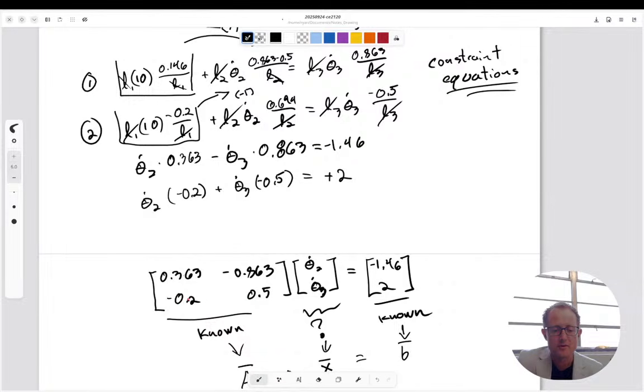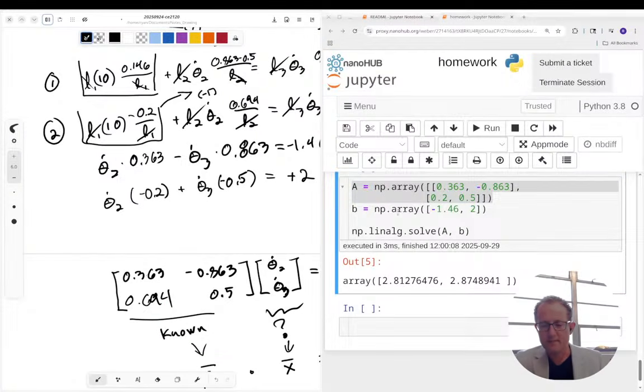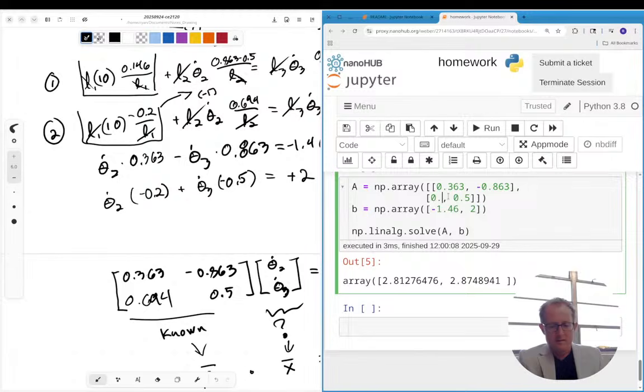This should be a 0.694. Maybe that was my problem. And that should be a positive 0.694. Maybe that's it. I didn't rearrange it correctly. Did I?